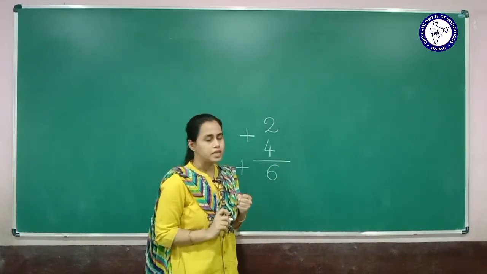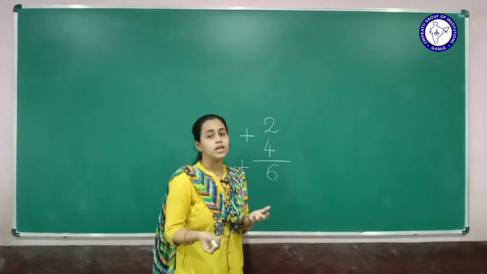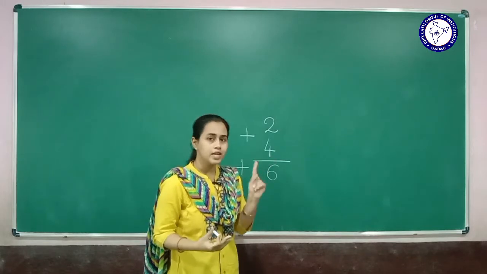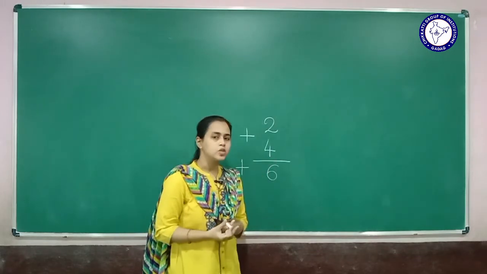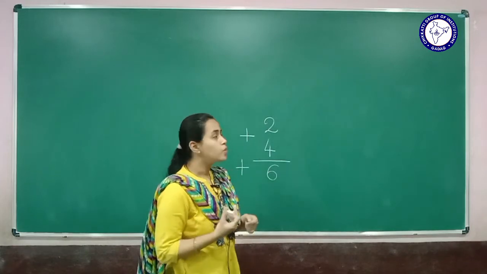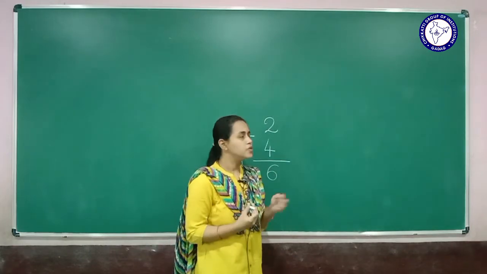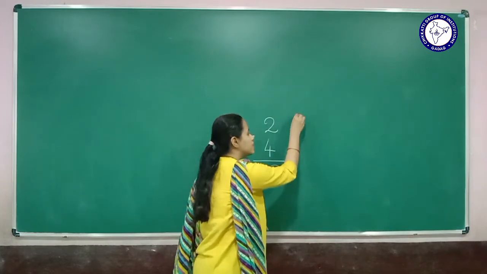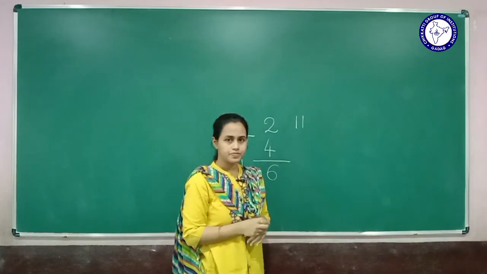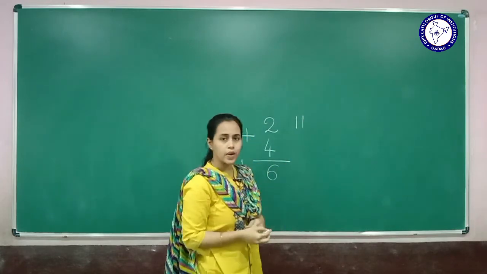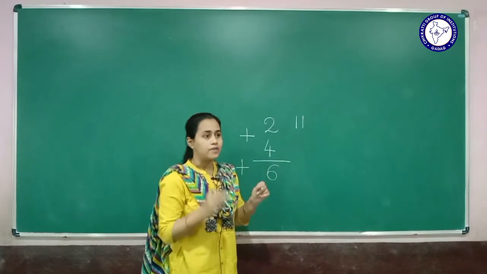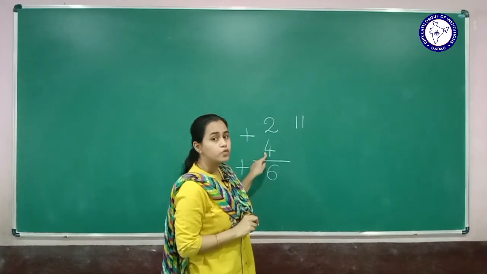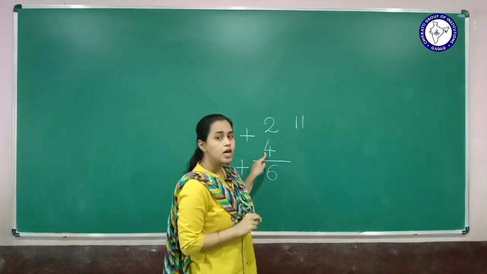So this is one method by which we can add with our fingers. What's next? We have one more method which is easy for you. How many numbers can you see here? 2. So we can write 2 standing lines here. You know about standing lines, right? Here I have drawn 2 lines. Here how many? 4. So how many lines do I have to draw? 4.